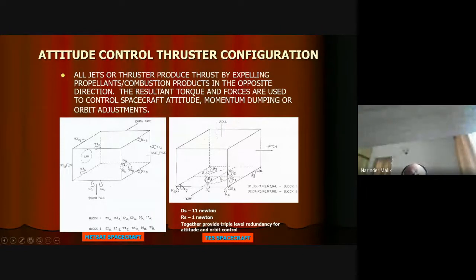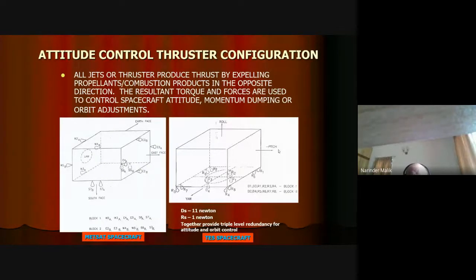Basically 6 is needed, 12 is there because of redundancy. An alternate method is, here we are having 8 thrusters. But here what we have done is we have provided the canting. Now, because of the canting, it produces 2 axis torques. So these 4 thrusters in a canted mode can give you the torque in all the 3 axes. Of course, it's not very efficient because at some times it can result in a wastage of propellant also.